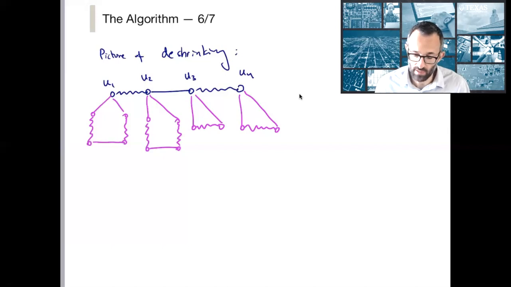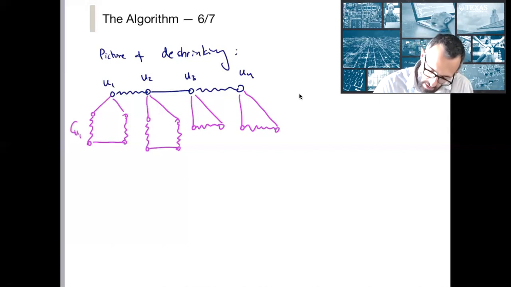The de-shrinking in case A is when I'm expanding one of these that corresponds to one of these nodes. And the de-shrinking, you can see, is these are all my, this is CU1, this is CU2, CU3, CU4.